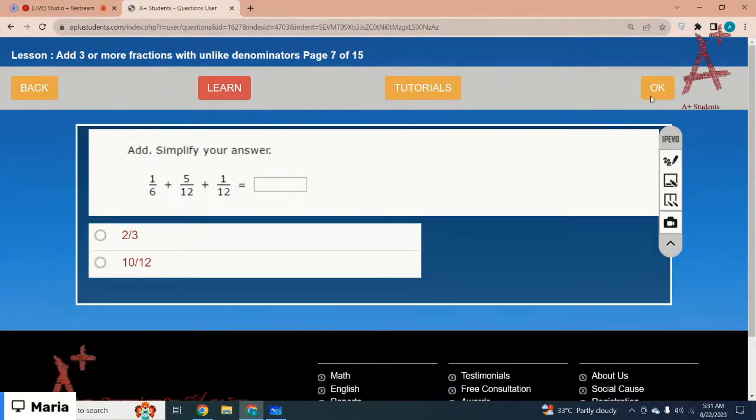Okay, which is the correct option? The correct option is 2 over 3.